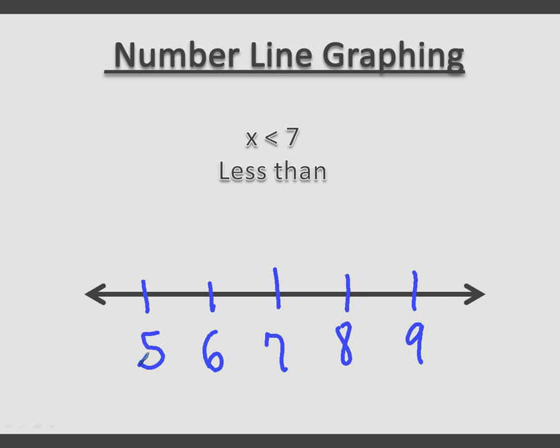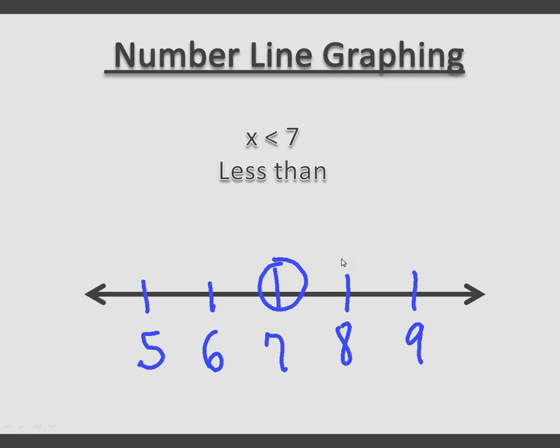And then we draw a circle around that number. And then the way that we show our solutions is we do some shading. Anything shaded is included as a possible solution for our inequality. Now in this particular problem, we use the less than. X has to be less than 7 to be a true statement.